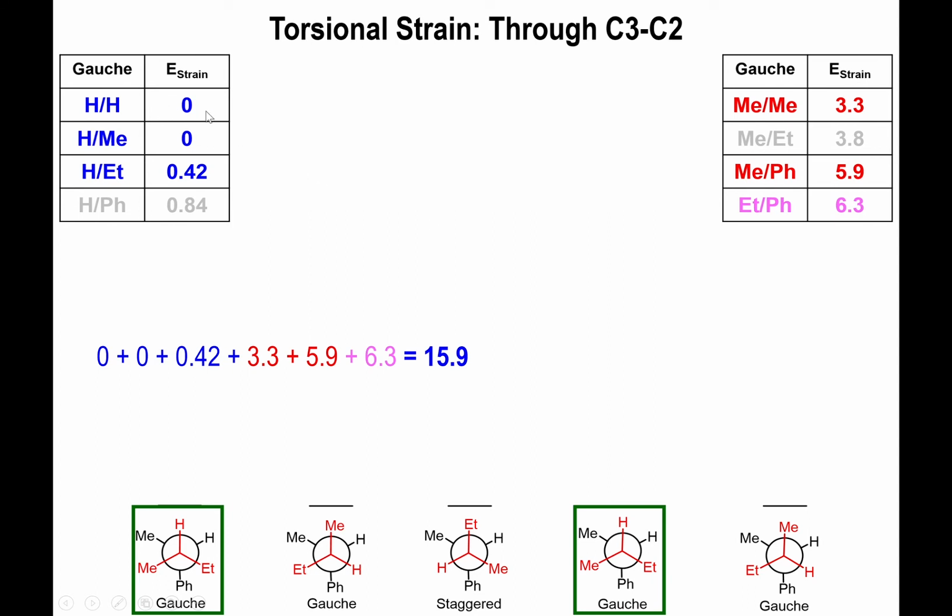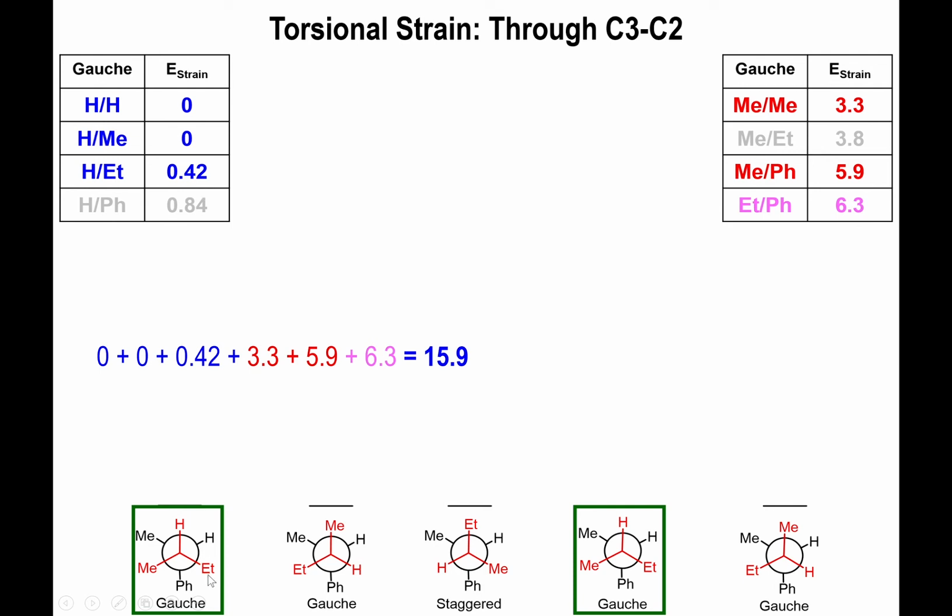So hydrogen on hydrogen, that's worth 0 strain energy in the gauche or staggered conformations. Hydrogen on methyl, same idea, it's worth no energy. So hydrogen on methyl and hydrogen on hydrogen are worth zeros, which are the two numbers you see here. Then the hydrogen on ethyl is worth 0.42, and we see that right there.